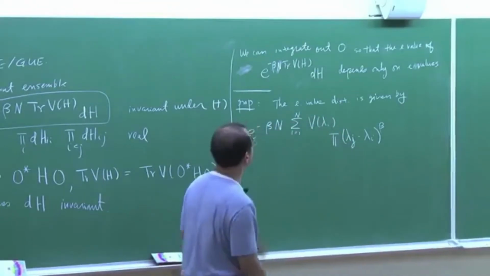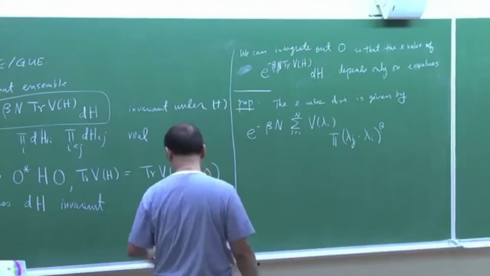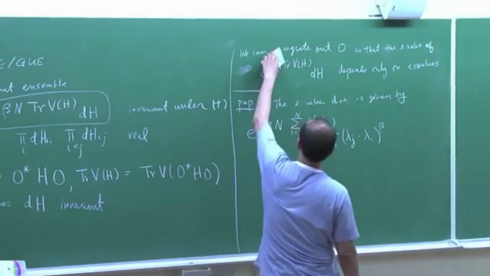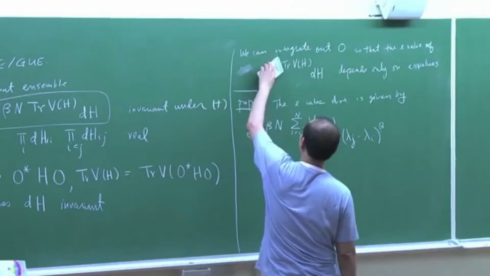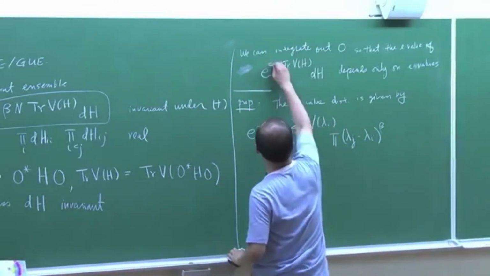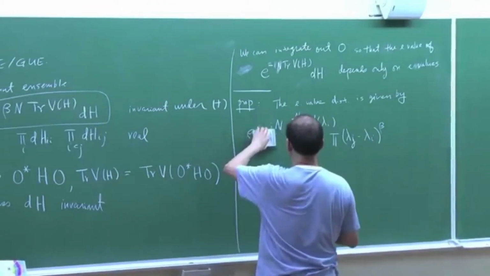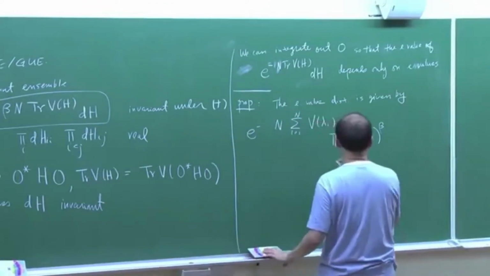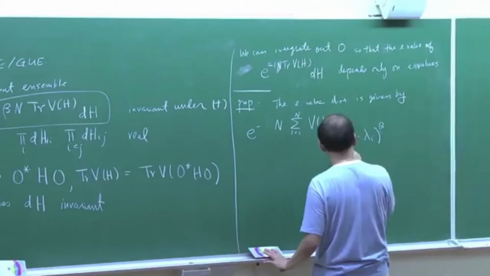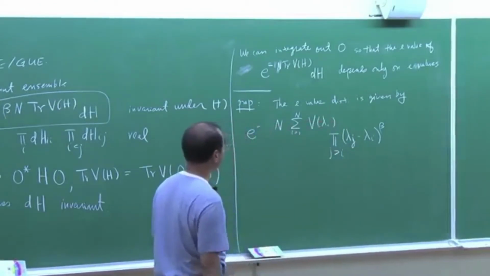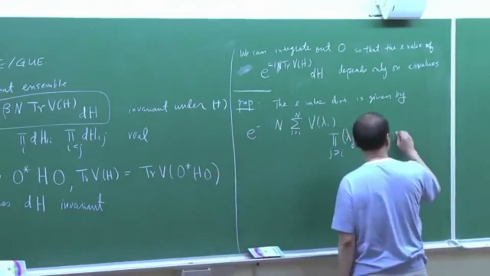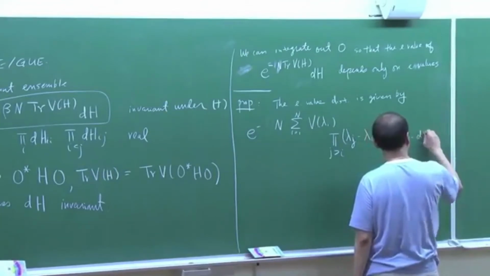Okay, let me try not to confuse you, so let me erase this beta. The product is over j bigger than i, with d lambda 1 to d lambda n.